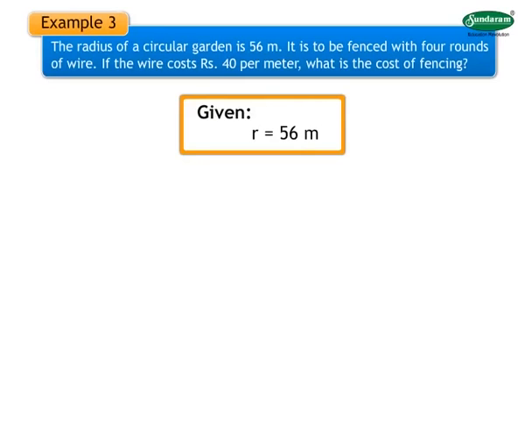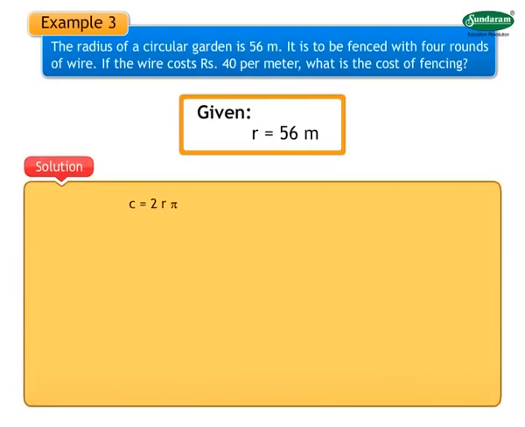We can calculate its circumference. Solution. By using C is equal to 2 into pi into r. Therefore, C is equal to 2 into 22 upon 7 into 56. That is, C is equal to 2 into 22 into 8. Therefore, circumference is equal to 352 meter.